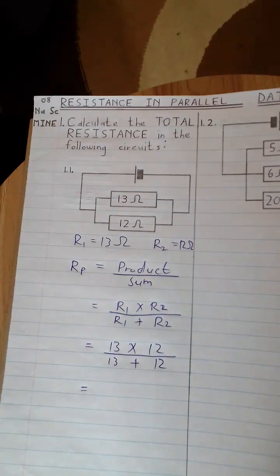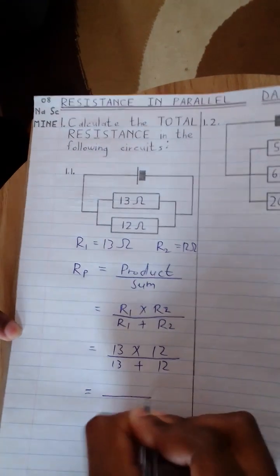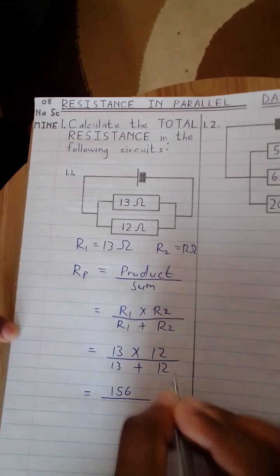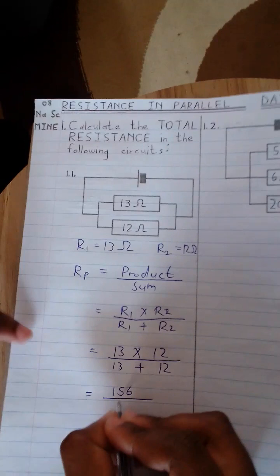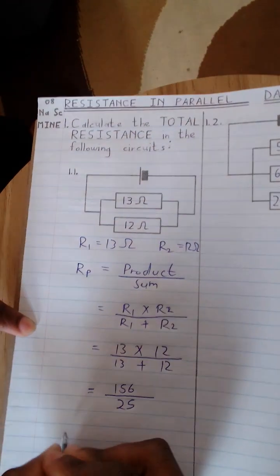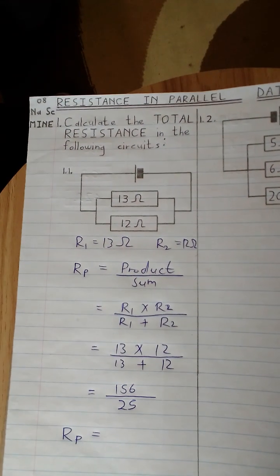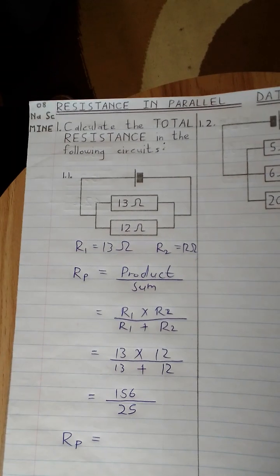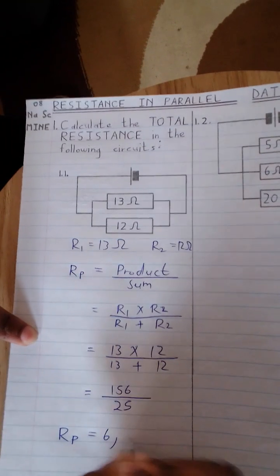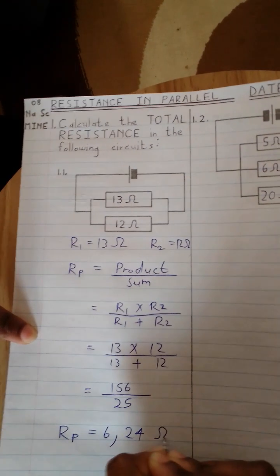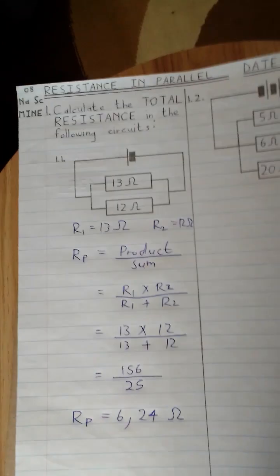So what's 13 times 12? 156 over 25. 6.24 ohms. Okay. This is a shortcut because it's only 2 resistors, right?